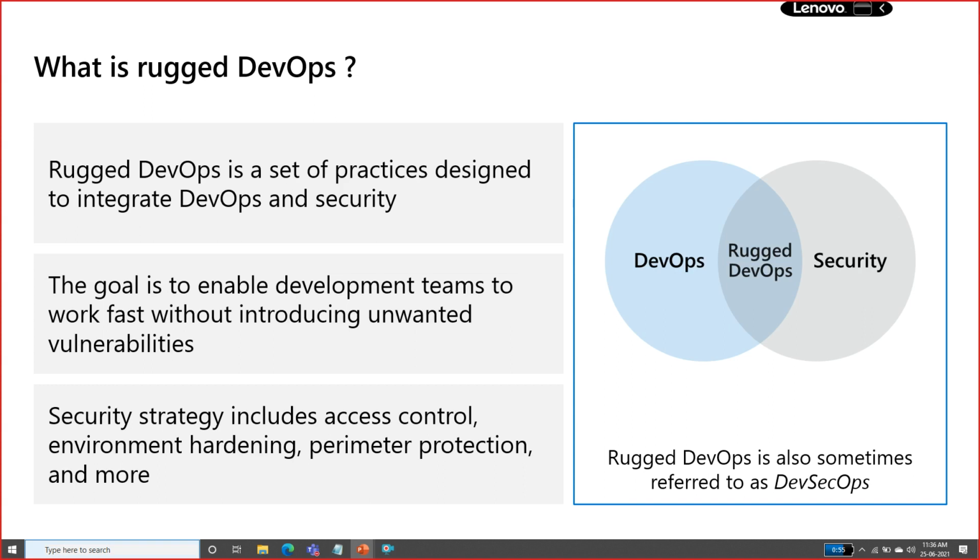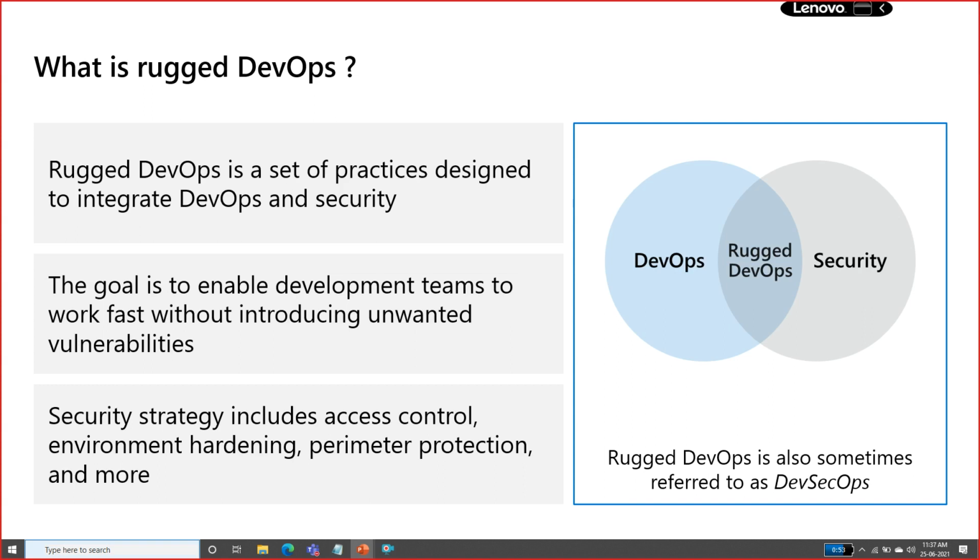If you look on Google, there is something called the Rugged framework, which is available on Git, which talks about the different types of security and how you can do security in your application and implement it in your pipeline, from the build, from the release, to the different environments. So this is what they are going to give.